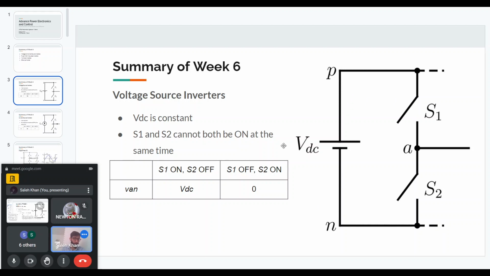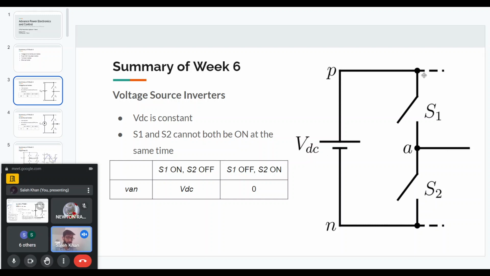If the source is stiff, meaning it has a constant voltage that does not change no matter how much current we draw, then we will draw a very large current because we are shorting the input side, and that large current will flow through the switches and damage them.